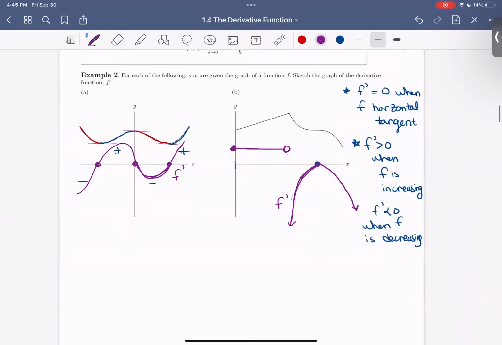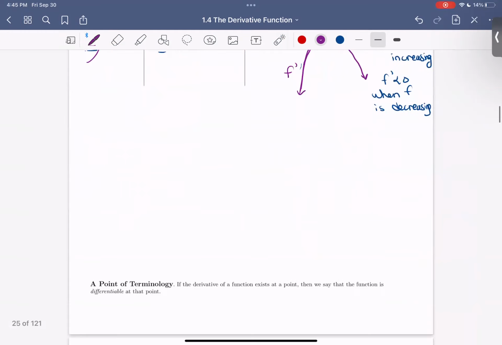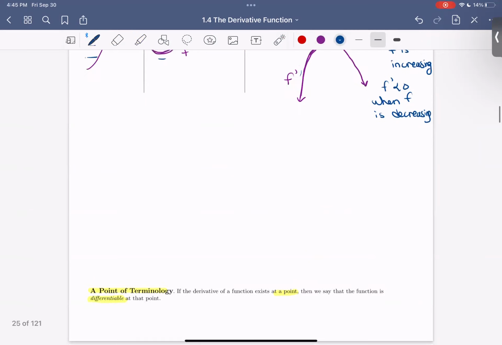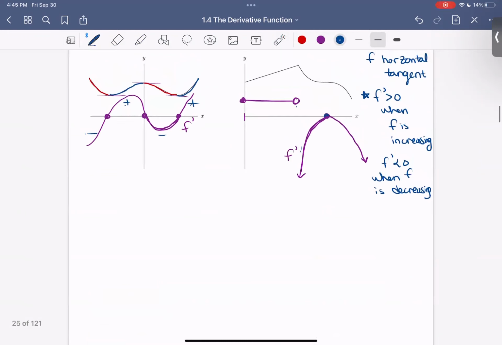And I just want to finish this video with our last bit of notes here on a word about terminology. If the derivative of a function exists at a point, then we say that the function is differentiable at that point. If the function does not have a derivative at a point, so for example, in this graph, there's no derivative right here.